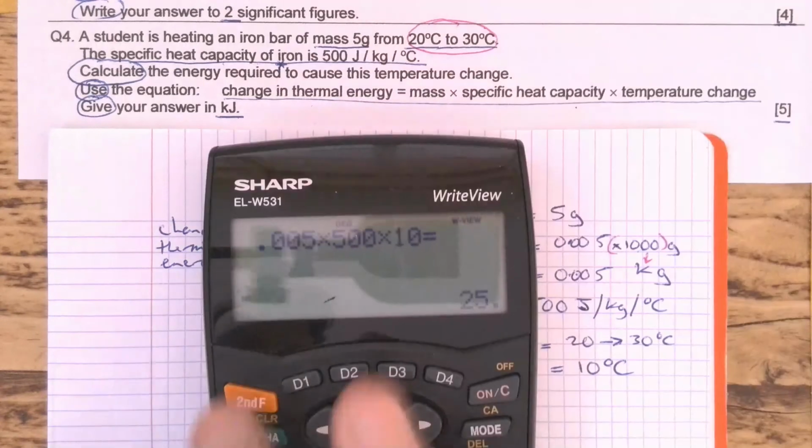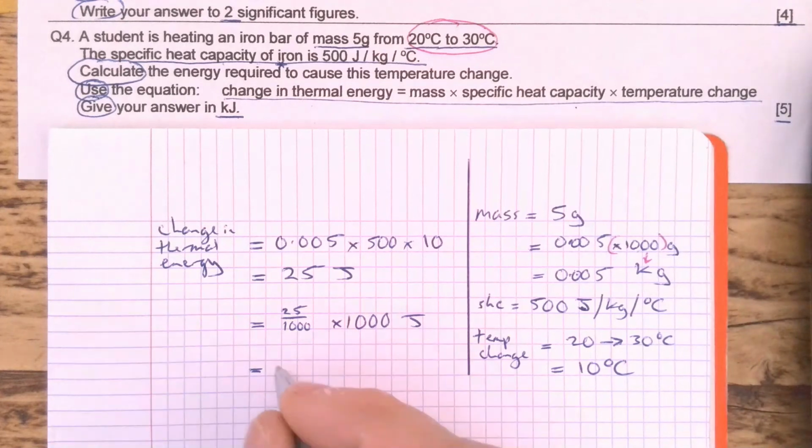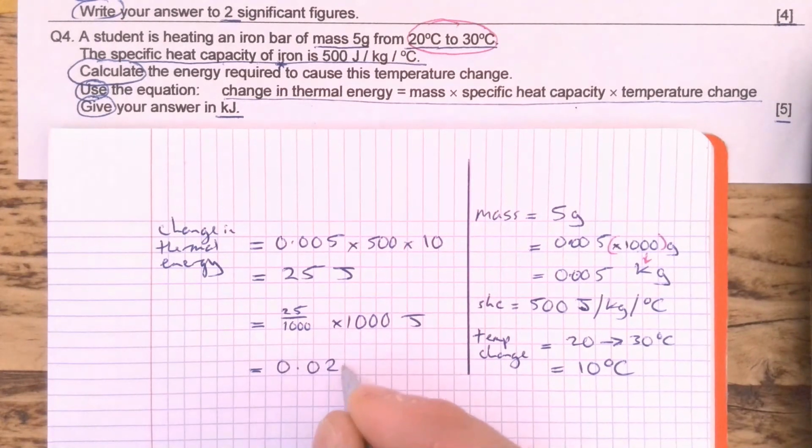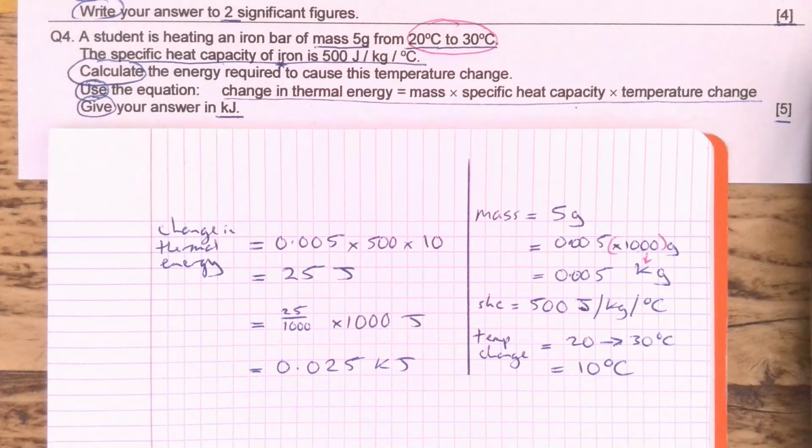Let's just quickly check that. 25 divided by 1,000 equals 0.025 kilojoules.